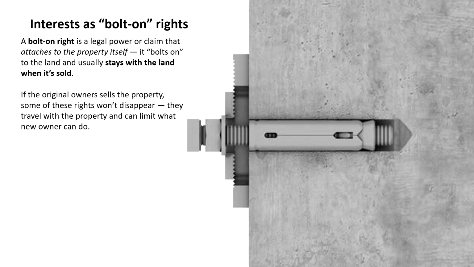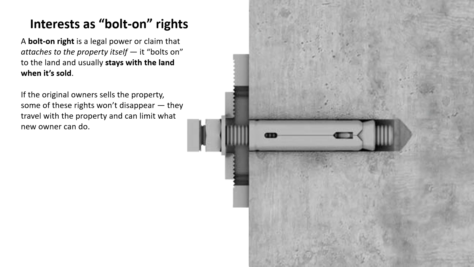So imagine you agree with the original landowner that you've got a certain kind of interest in the land. Maybe you've got a right of way, maybe you agree that the owner cannot use the property for business purposes, maybe you agree that the owner cannot build a wall so you won't have any light anymore in your living room. You don't get to see the sun, basically.